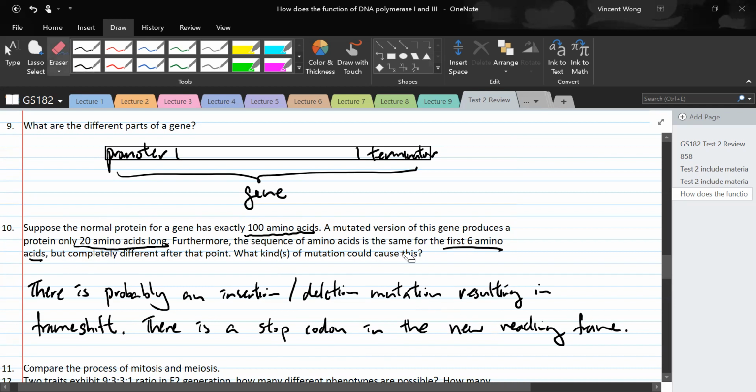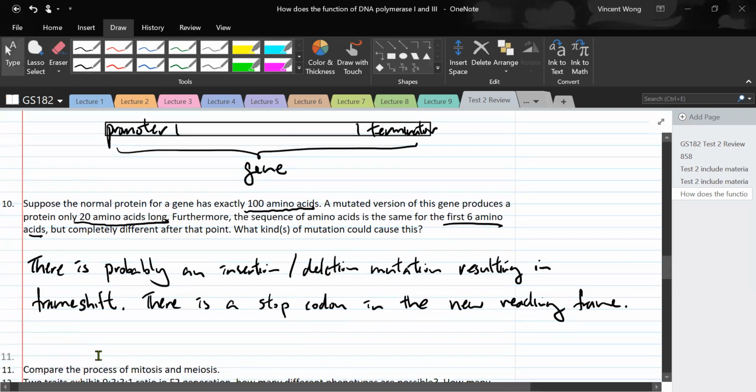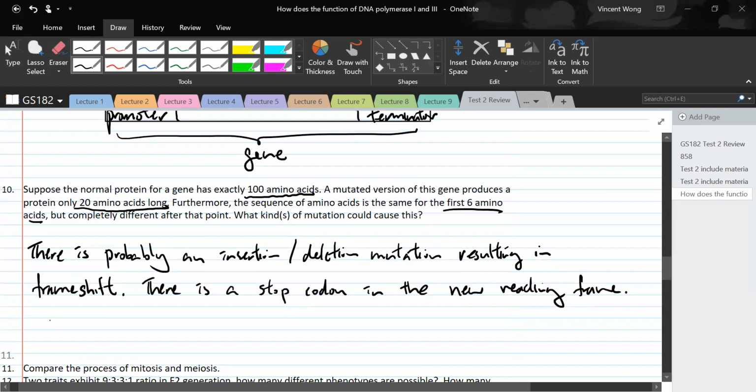Okay, so I mean that you can work it all out, right? If it's like the first 6 amino acids that are unchanged, okay, so like the first 18 nucleotides are okay, right? We'll say first 18. Right? So that's why the 6 amino acids are okay.